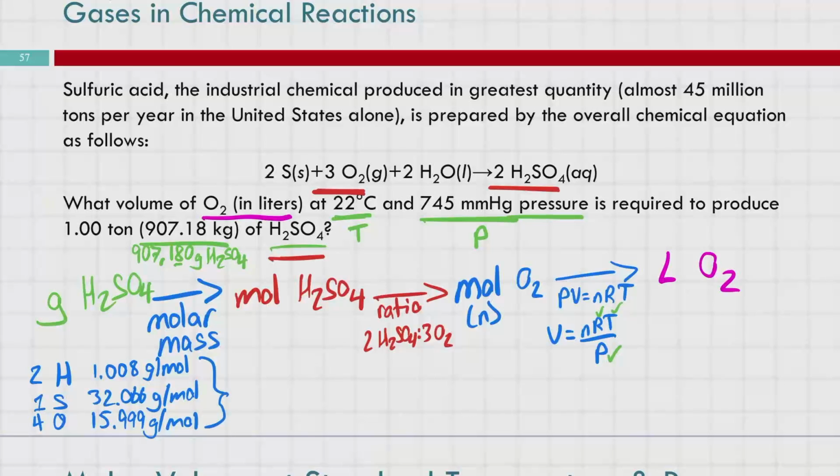We add all of those up. So we do 2 times 1.008 plus 32 and change plus 4 times 15.999, and we've got a molar mass of 98.078 grams per mole. We have all the tools we need. We can solve the problem.